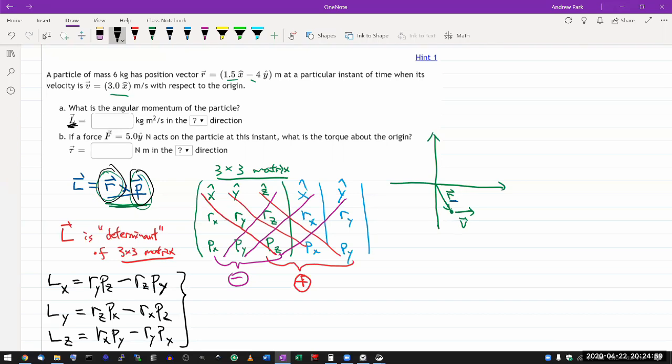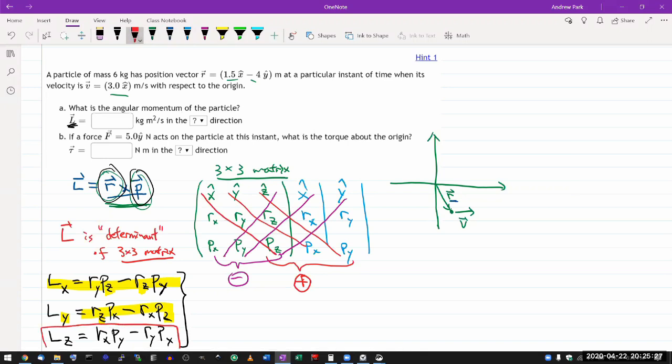Imagine plugging in these numbers, and you will see that each of these ends up being 0, because the momentum has no Z component, and the position has no Z component. Same thing in the Y component here. These zero Z components make this whole thing 0. So really the only non-zero component you have to deal with is this one.